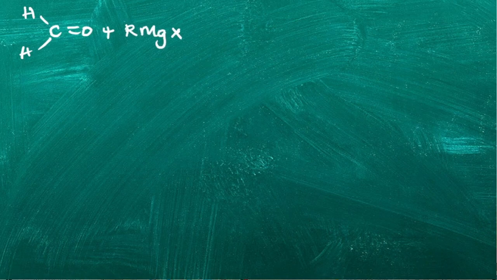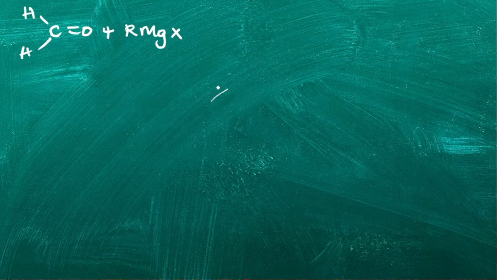R is your alkyl group, CH3 or C2H5, any group. Mg is common. X can be Cl, Br or I, chlorine, bromine, iodine or fluorine. You already know it. You have learnt it in your Haloalkanes and Haloarenes chapter, right?